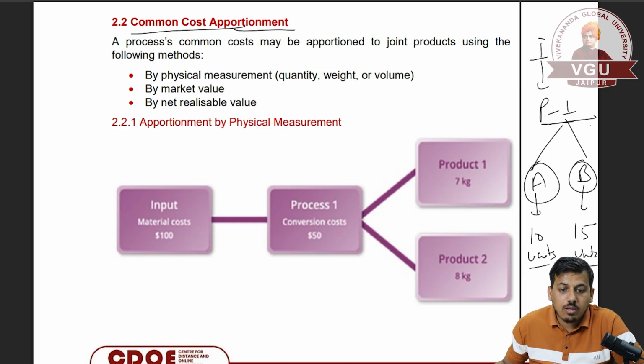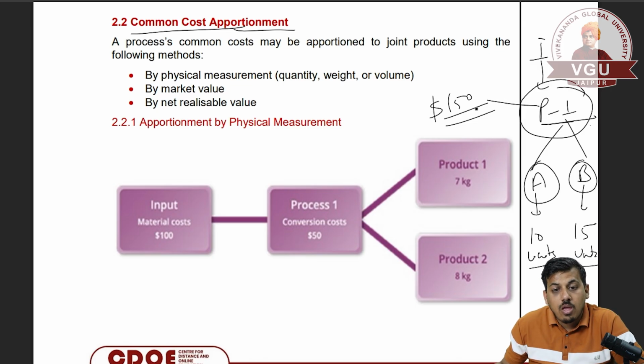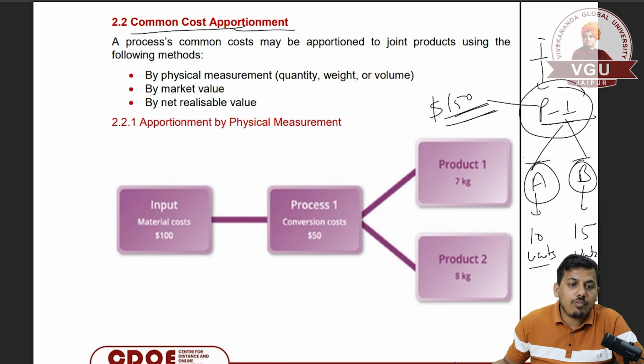Now, how do we bifurcate this cost? Suppose this is $150, the cost of process 1. How do we segregate this 150 between A and B? This is the problem. There are different methods given to solve it.